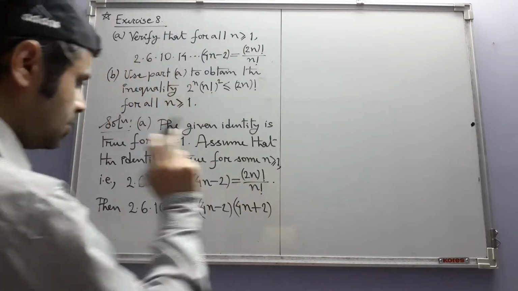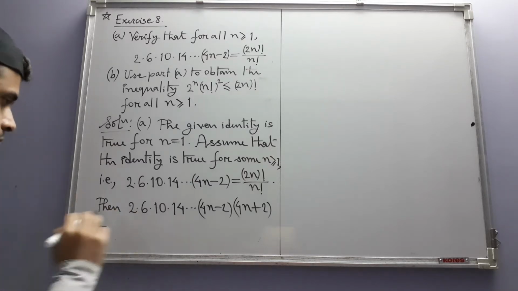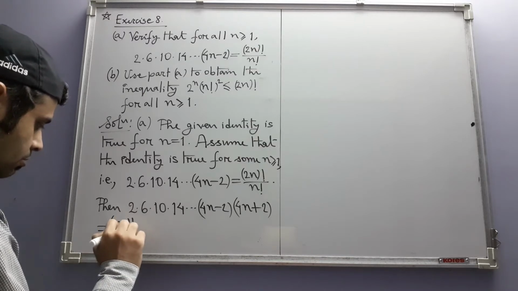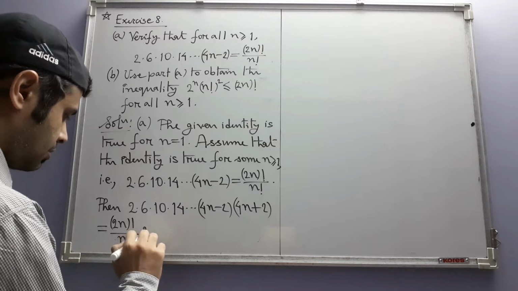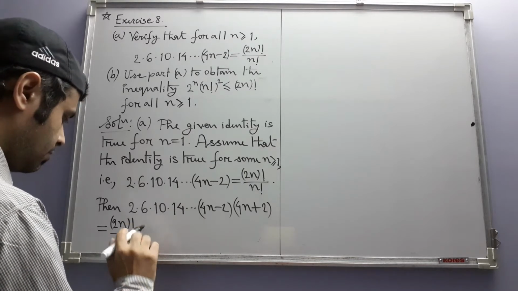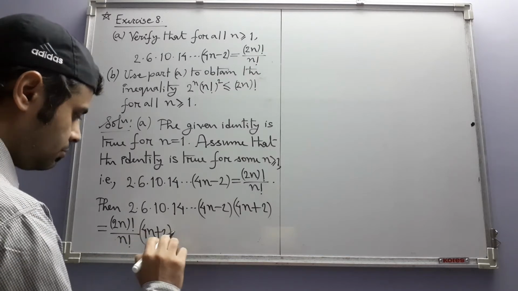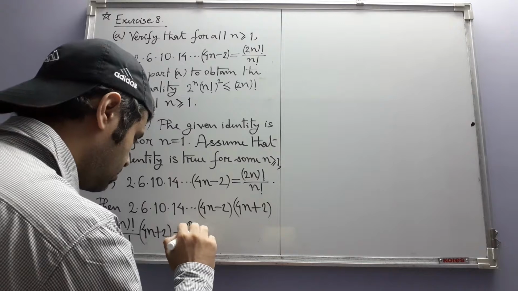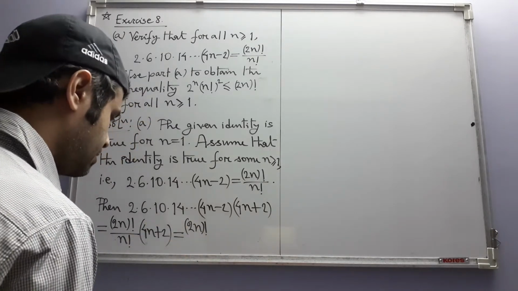So we can use our induction hypothesis to write this product as 2n factorial divided by n factorial times 4n plus 2. Now 2n factorial stays as such.